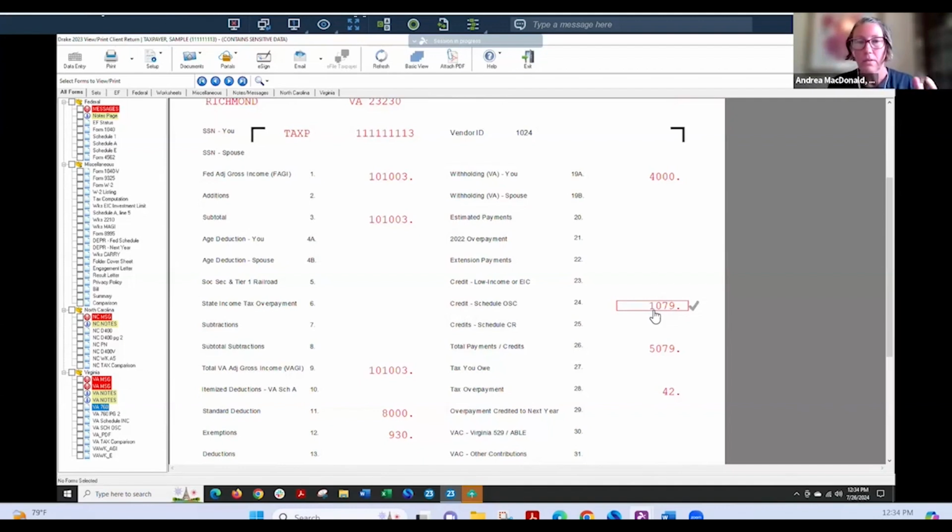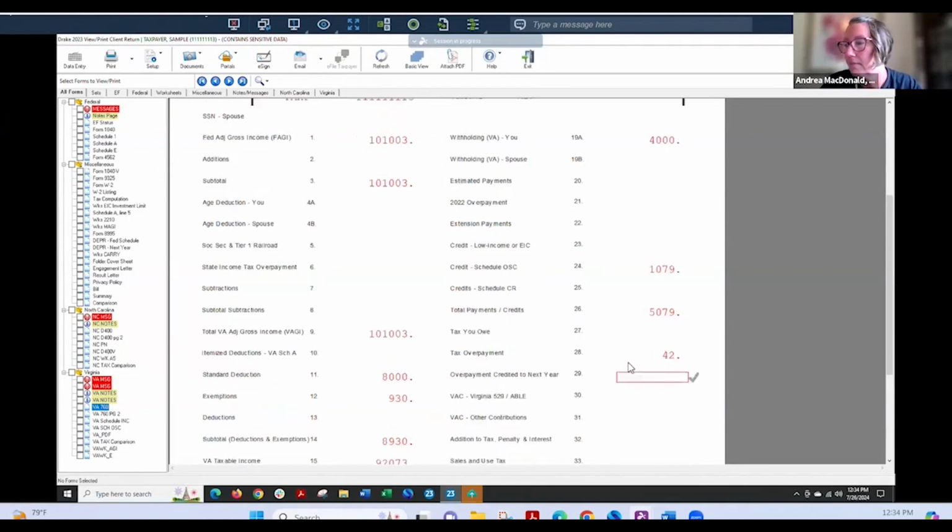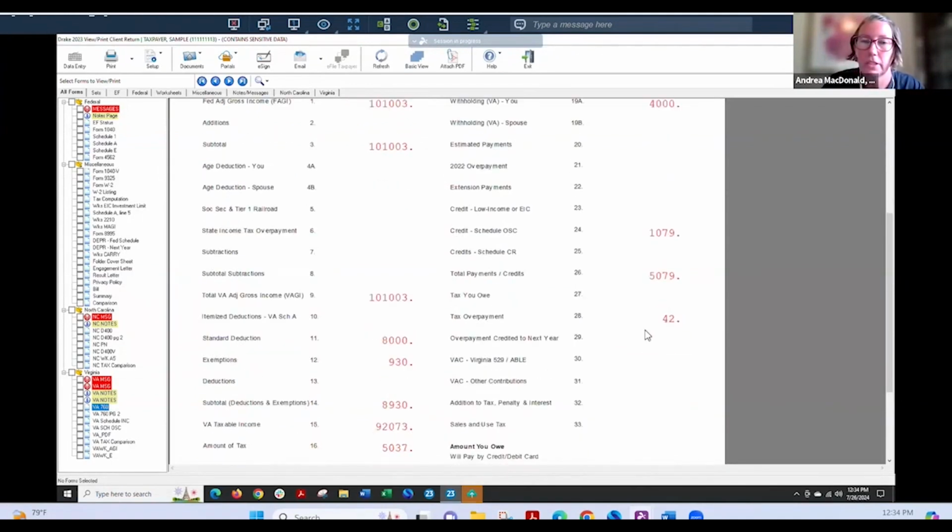Now, Virginia and North Carolina income tax rates are not the same, so this is not going to be a dollar for dollar reduction in tax, but that's just how it works. They give a credit for the tax paid to North Carolina, and then they still have a little bit of an overpayment to Virginia in this scenario based on the withholding from the W-2.